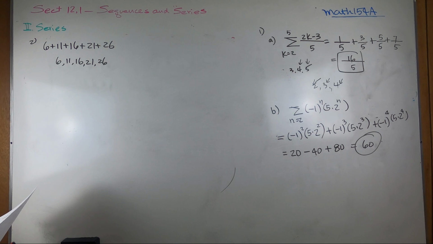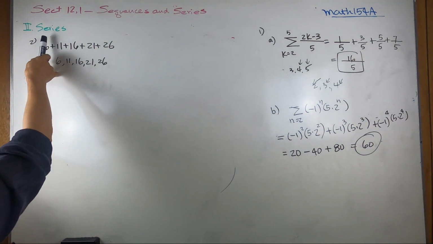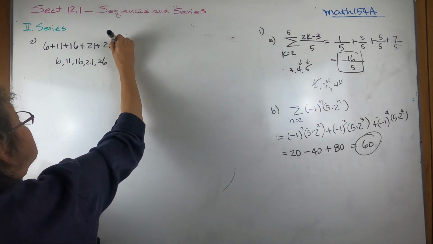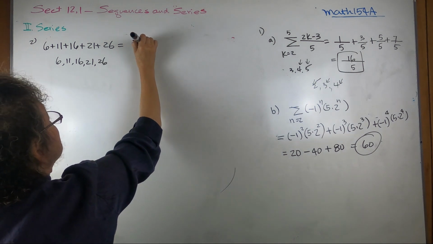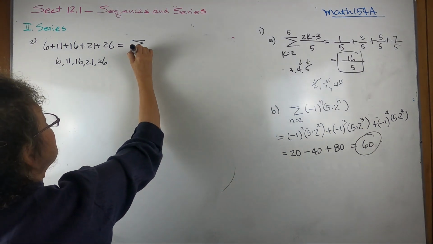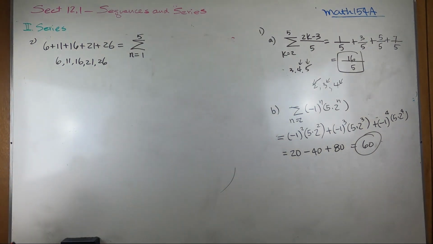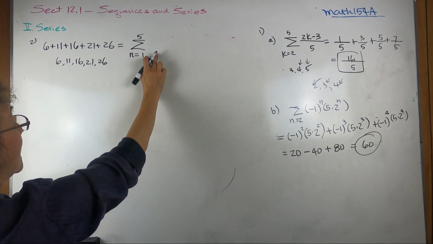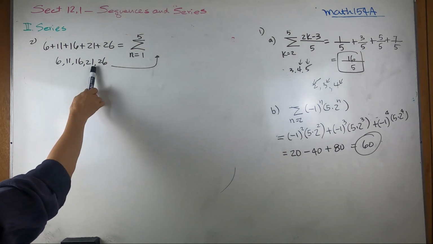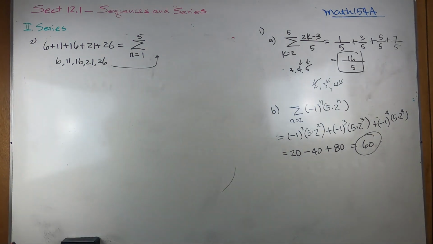When we add them up, that means we have to find the series. Then we want you to present it with sigma notation. How are you going to do it? How many terms do we have? 5. So usually we just do n equals 1 to 5, right? 5 terms. Then you will write a general pattern here. Then each term will be those numbers. Then sigma, you will add them up, right?